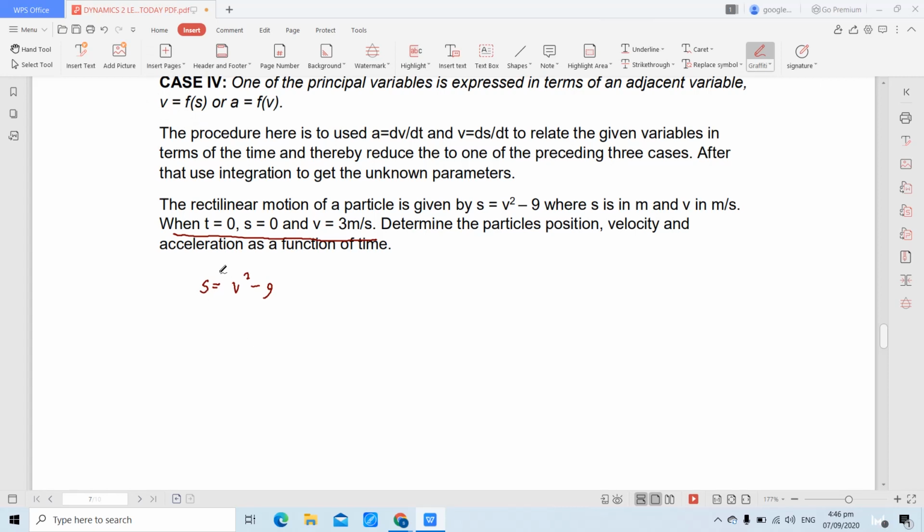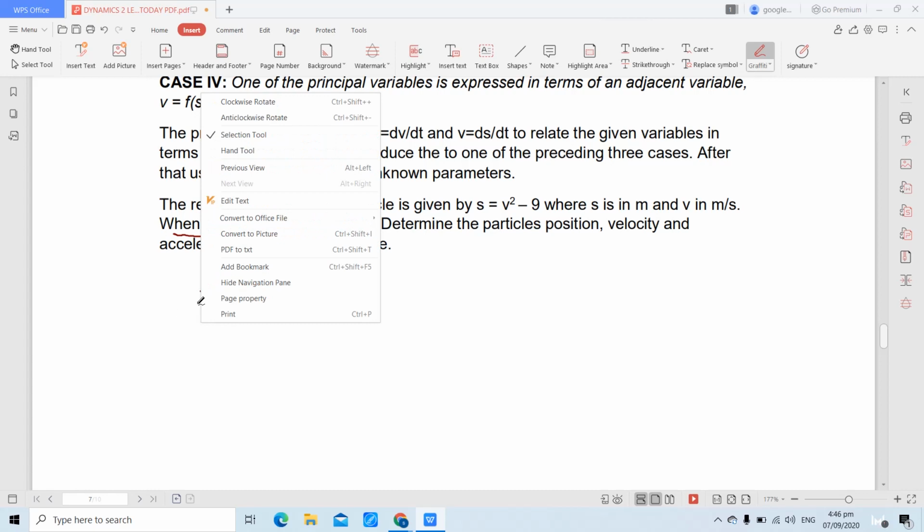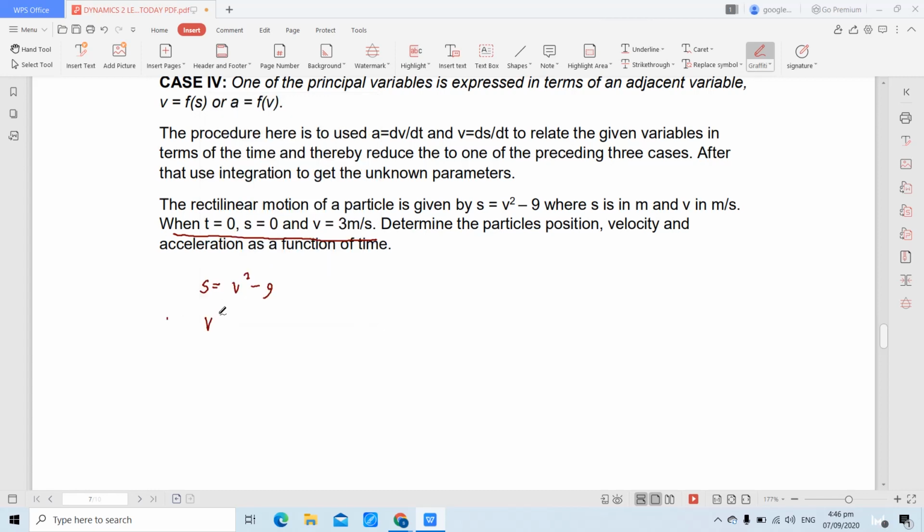So, babalik tayo muna para maging velocity as a function of displacement. Gets po? Therefore, v squared is equivalent to s plus 9. Therefore, v is equivalent to quantity s plus 9 raised to 1/2. Tama? So, meron tayong velocity as a function of displacement, and that is case number 4.